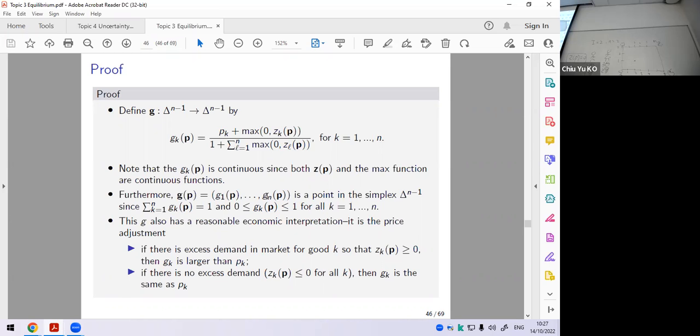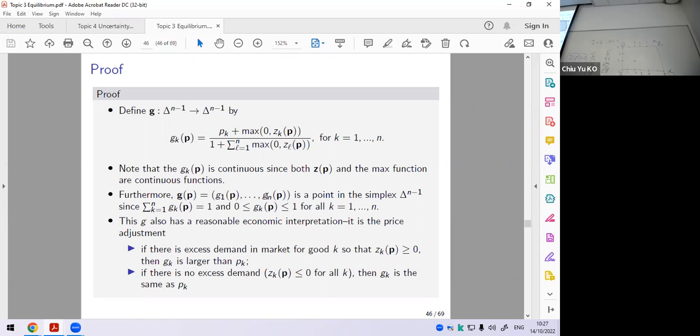Without doing anything, you know the denominator is bigger than the numerator, because everything is positive and the price is no more than 1. So this is a fraction, and it must be between 0 and 1. All the prices are positive. You may complain that Z can be negative, but now we have the max, so this term is at least 0 and cannot be negative.